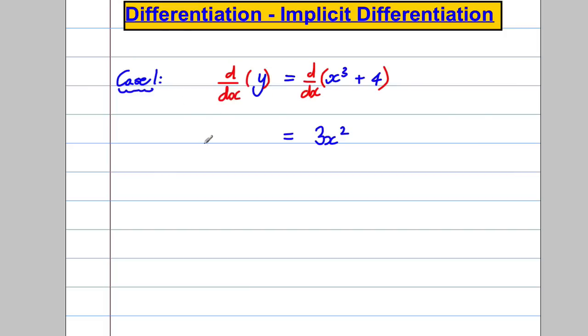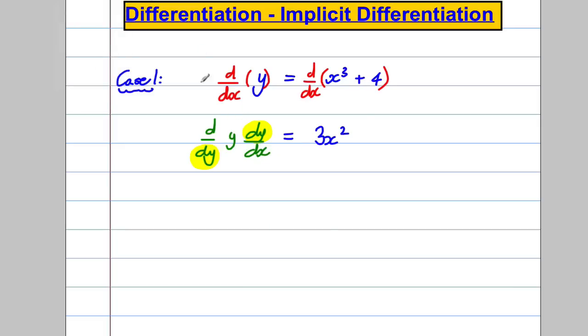Well, a way of thinking about it, I could differentiate the y with respect to y, pretend I was differentiating with respect to y, and then multiply afterwards by dy by dx. And the reason you can think of this as holding true, the dy on the denominator there and the numerator there, you can sort of think of them cancelling, and we're left with d by dx of y.